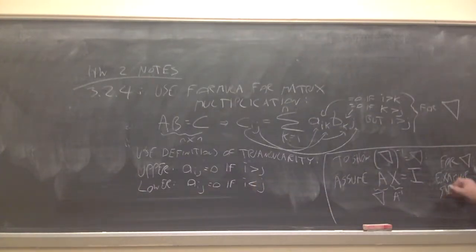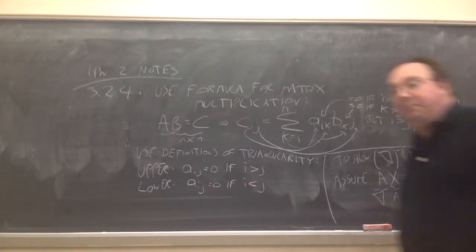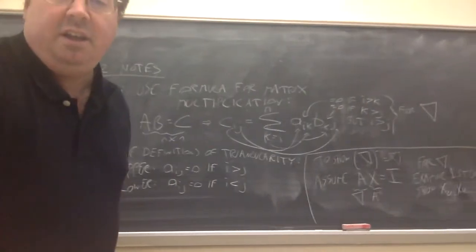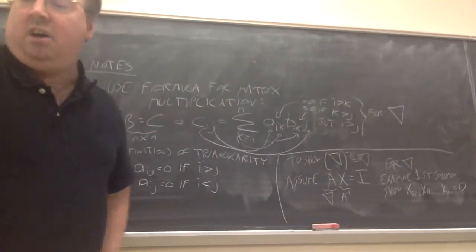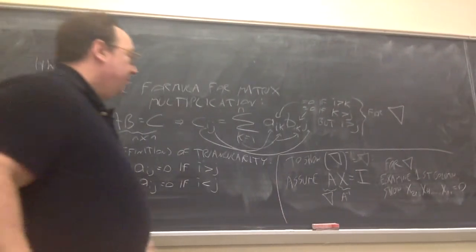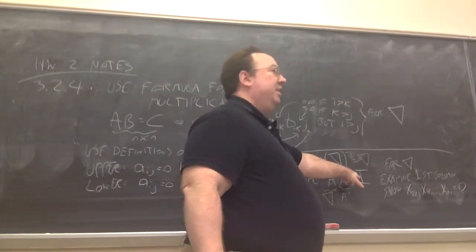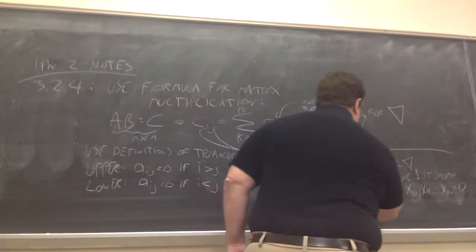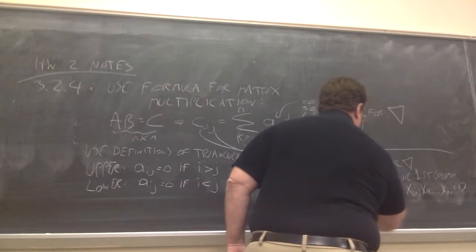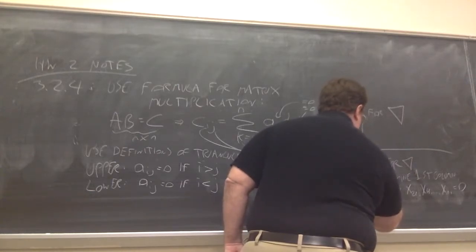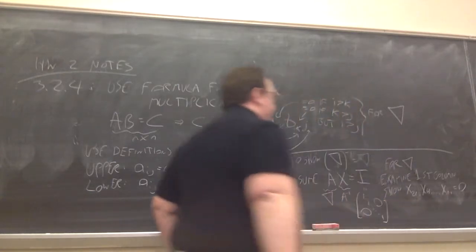So you end up showing that x21, x31, up to xn1 all have to be equal to 0 in order to get this, because the identity is a matrix that has all ones on the diagonal and everything else is 0.